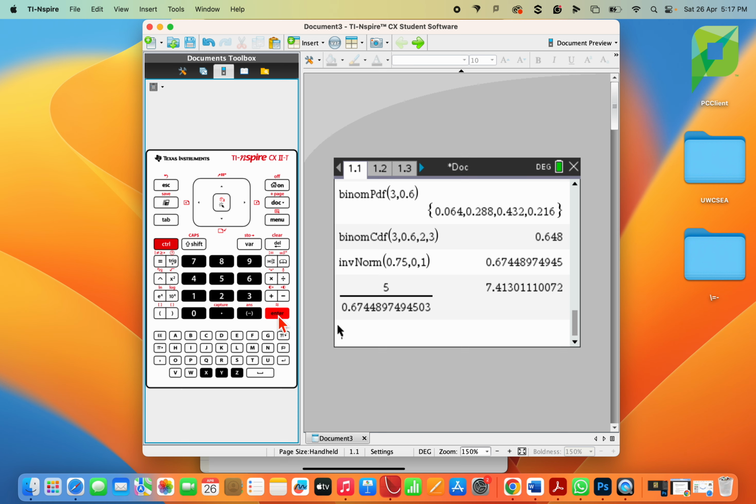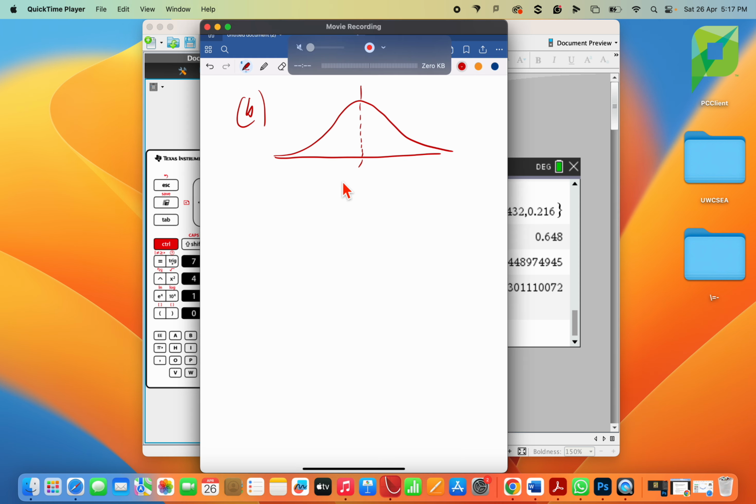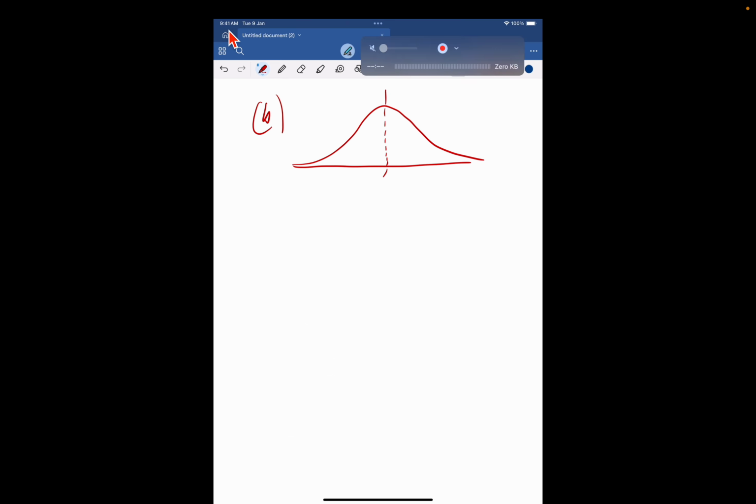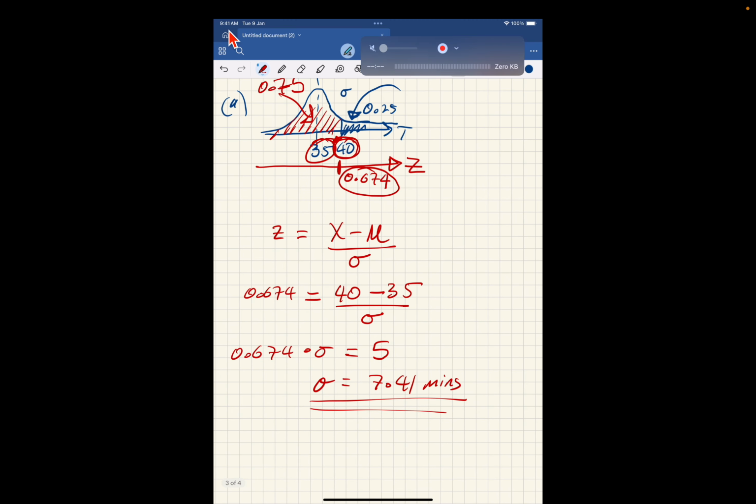On a randomly selected day, find the probability that Susie's drive to work will take longer than 45 minutes. Okay, so now we've got the standard deviation. We can just go ahead and draw another picture. Okay. So the previous answer was 7.4, yep, okay, great.